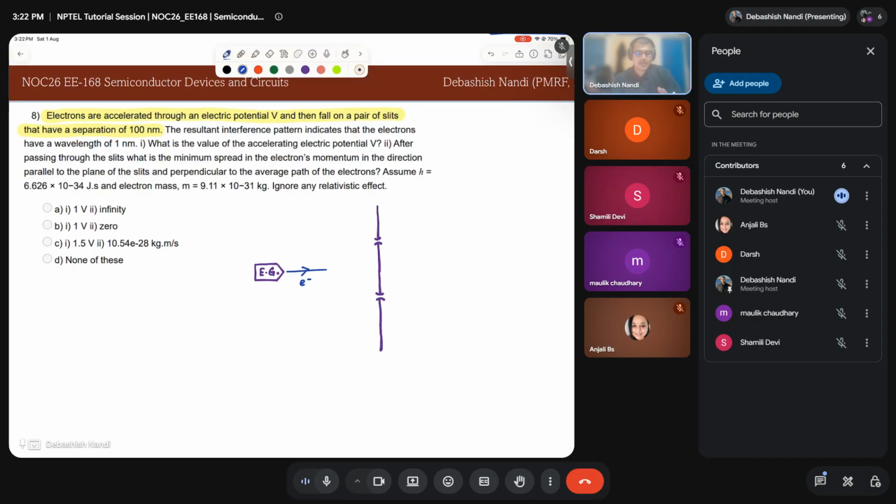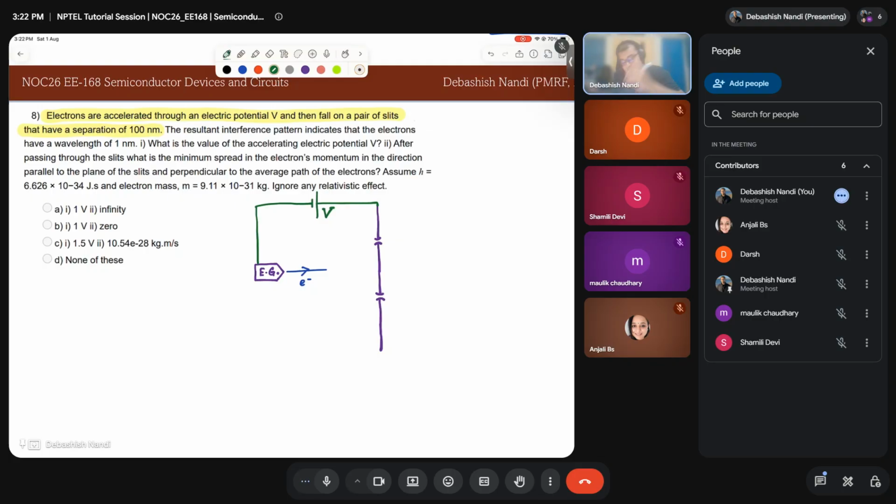Electron being a negative charge, it gets attracted to positive voltages, right? Or higher potential. So what they have done, they have added a battery here, let's say of voltage or potential V, right?